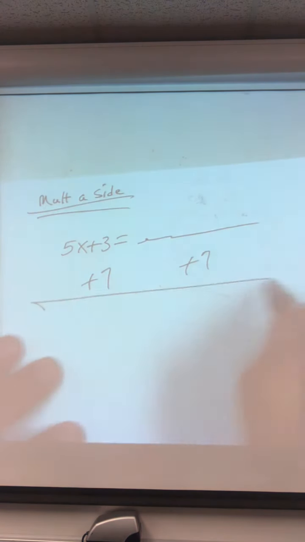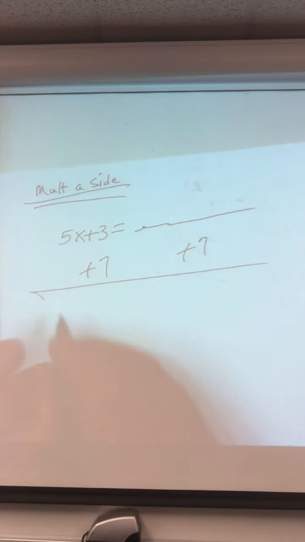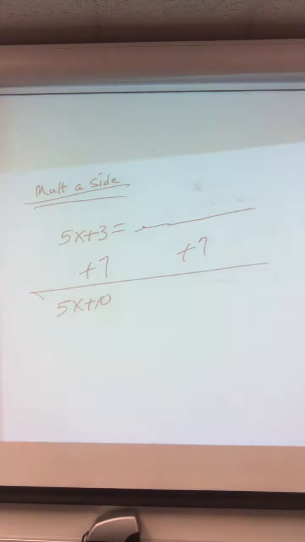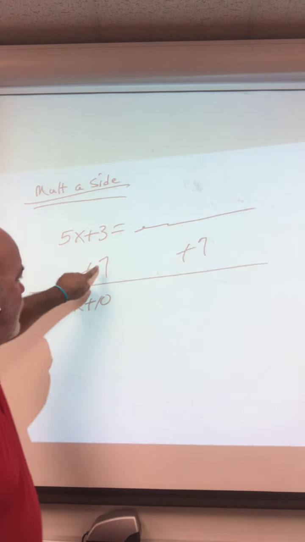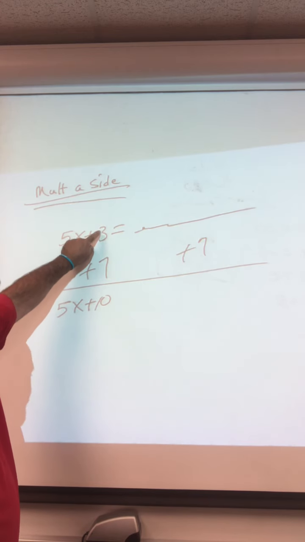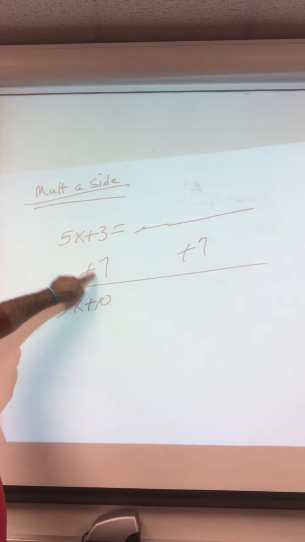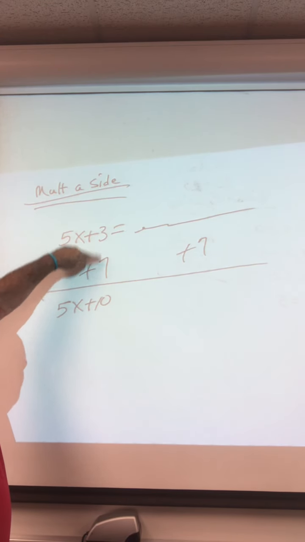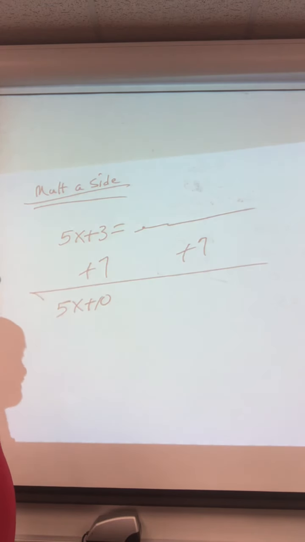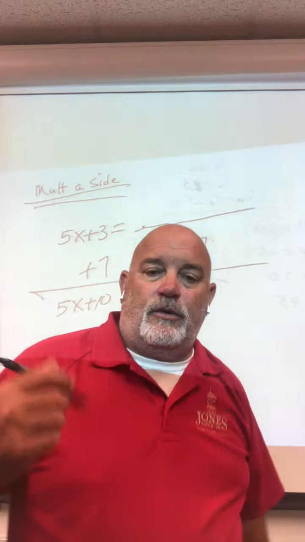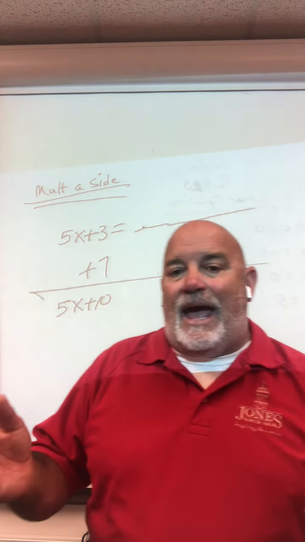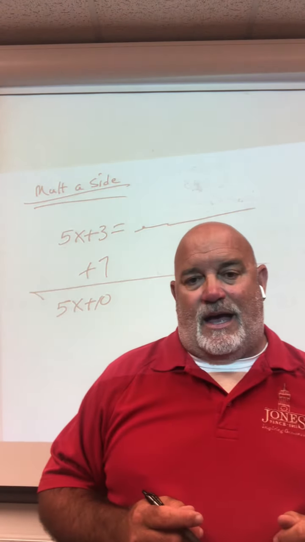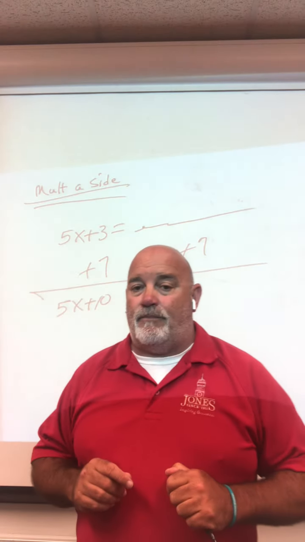When I do that, what do I have now on the left side? 5x plus 10. What I want you to notice is when I added 7 to both sides, you add the number to the number. You don't add it to the 5x because they don't add together. So you add these two together. So when you add a number to both sides, you only add it to the number that's already on that side. Same way with subtracting.